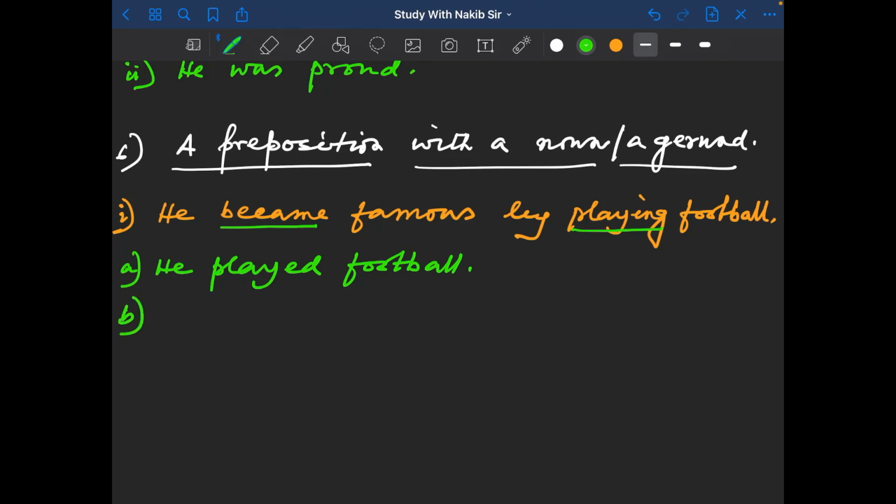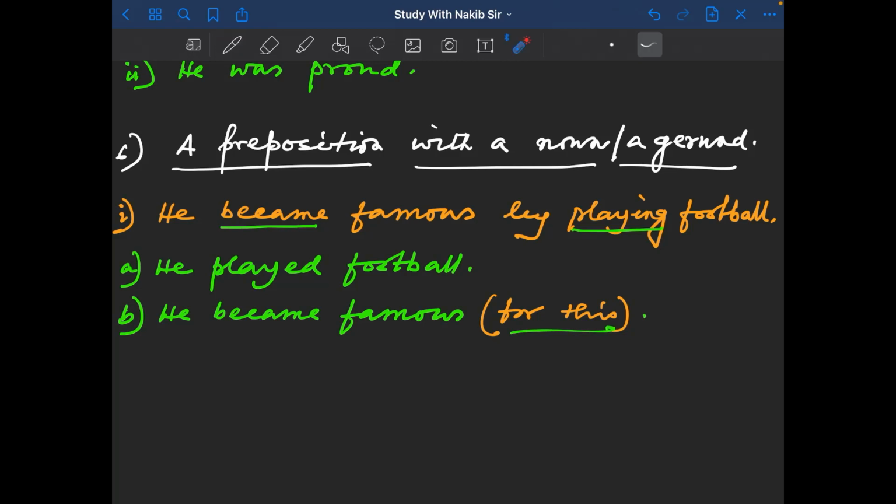And another sentence, he became famous. You may write this part, you may not write this part. Okay, so from the given sentence, he became famous by playing football, you got two sentences. Number 1, he played football, and number 2, he became famous.